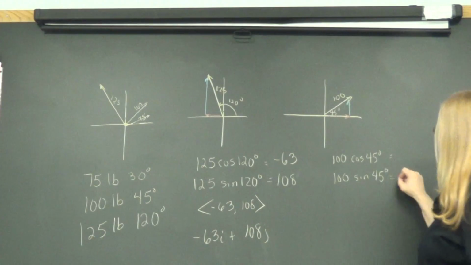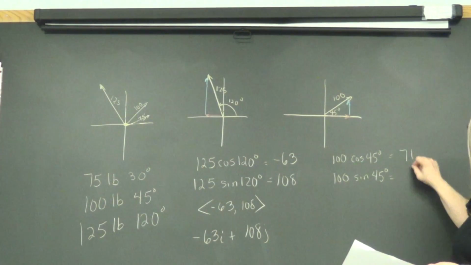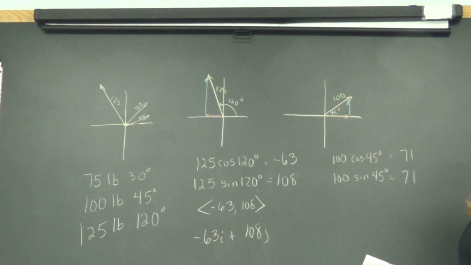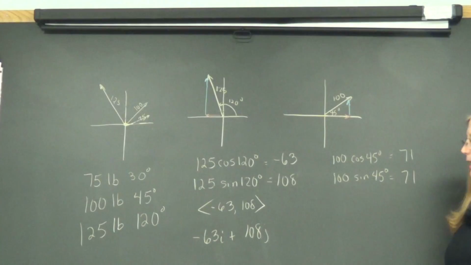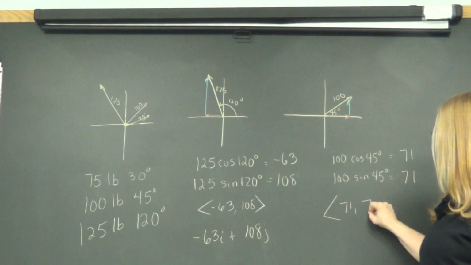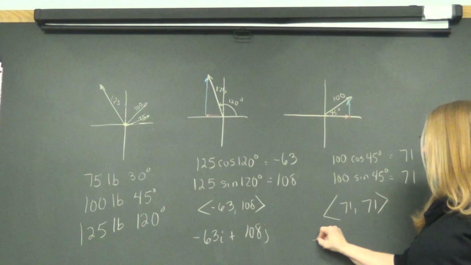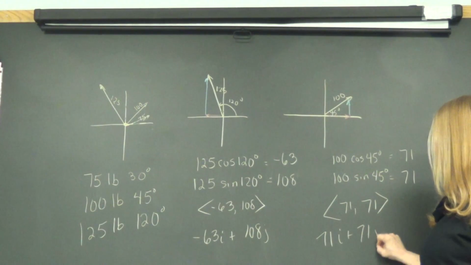When I did 100 cosine 45, I got 71, and the same for 100 sine 45. 45 acts that way, the sine and cosine are the same. So I get 71, 71 in brackets, or 71i plus 71j.